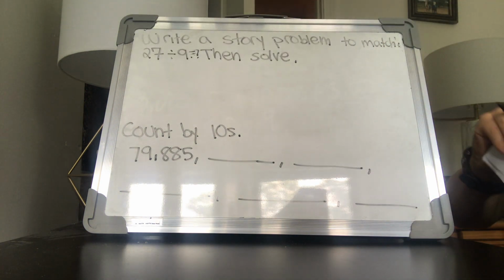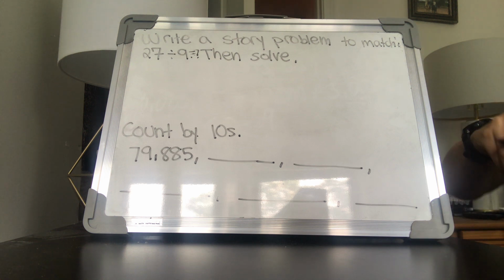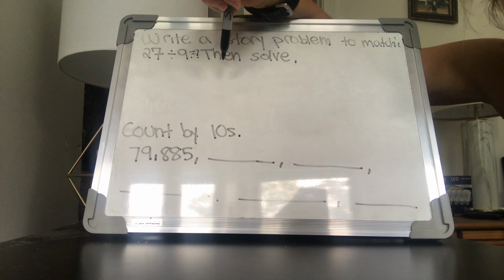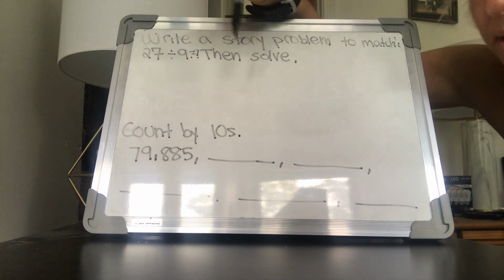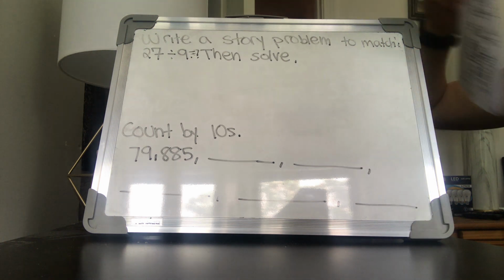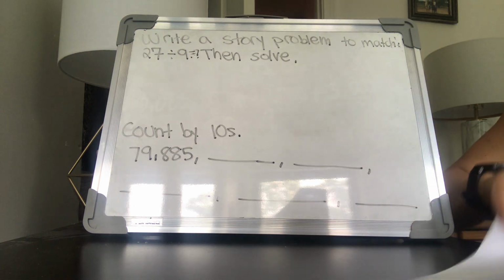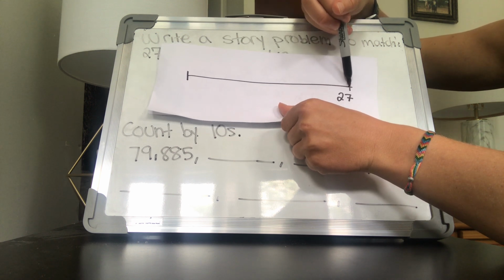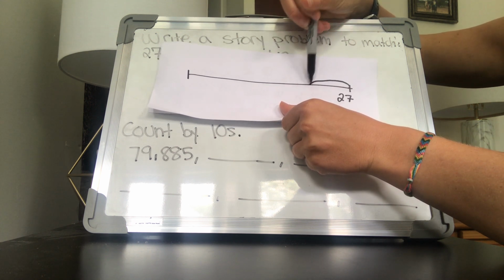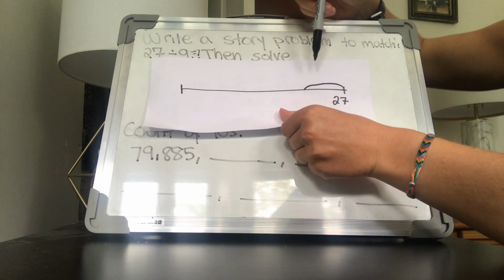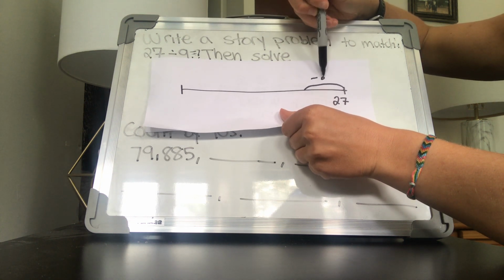The way that I'm going to solve for that is, well, I could draw 27 dots for 27 turkeys and then make 9 different groups, but that would take me a really long time. So the strategy that I've been using more regularly is starting with a number line at 27, which is my total, and then counting back in groups of 9, which is my part. 27 minus 9.